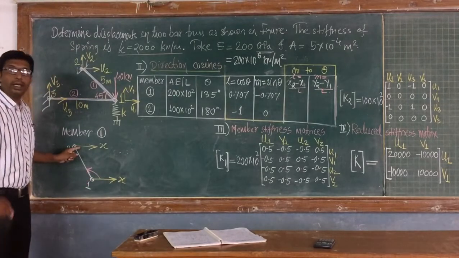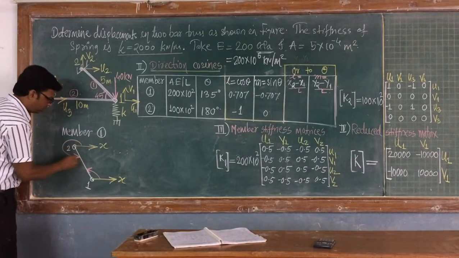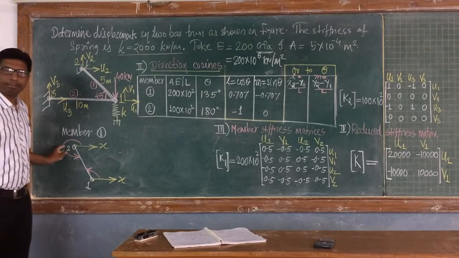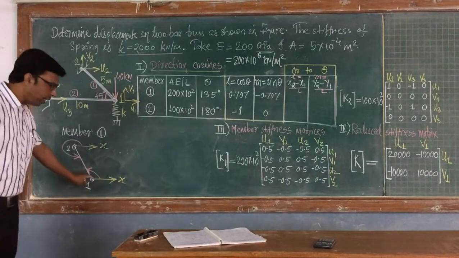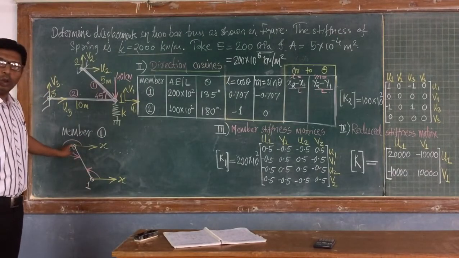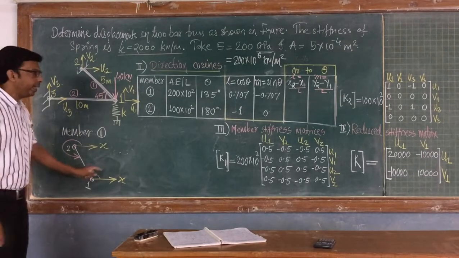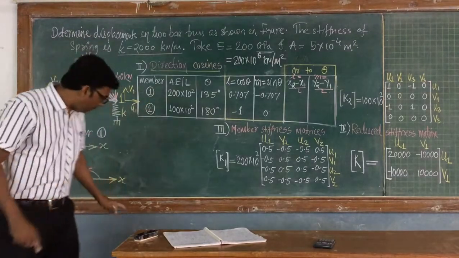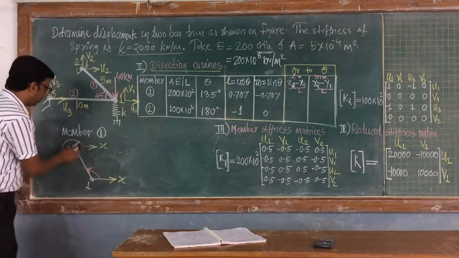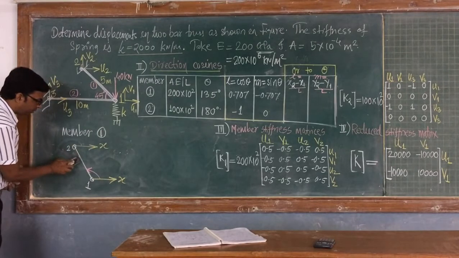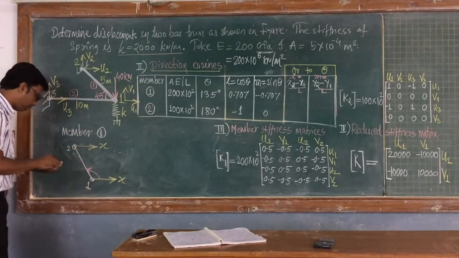And if you take joint number 2 as the first node, this is theta. Okay? So in this problem, we will take node number 1 as the first node. We will take theta about node number 1.